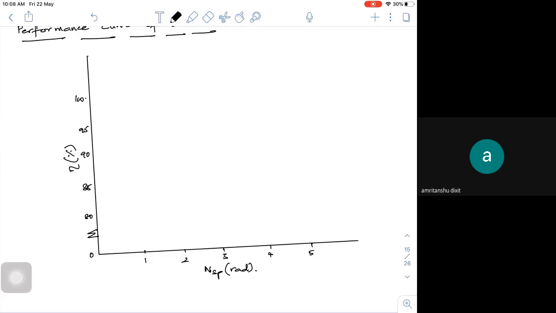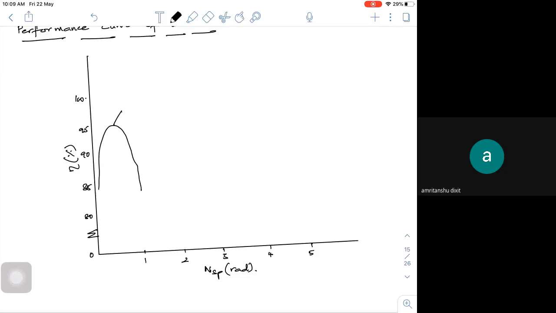Now we have seen that the specific speed of your Pelton wheel is very low, and its efficiencies will be in and around 90, 92%. If I try to draw a curve for that, my efficiency for your Pelton turbine will be something like this.